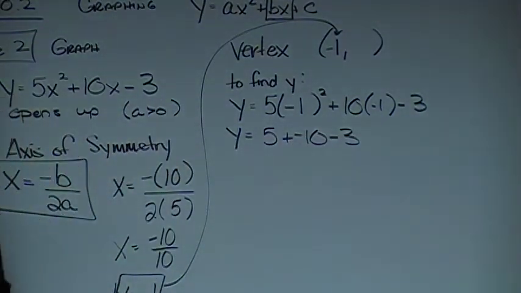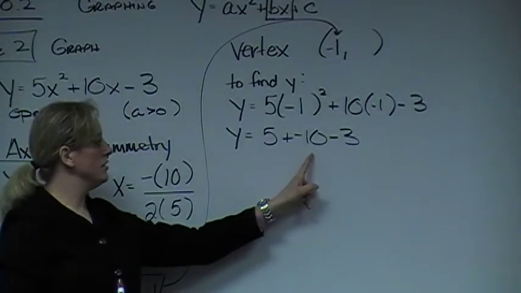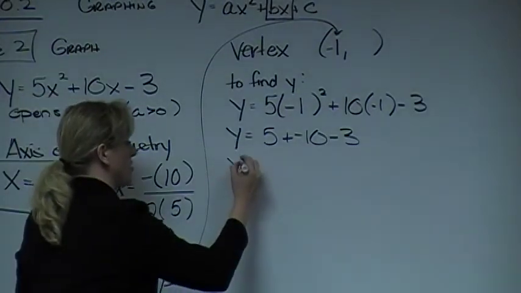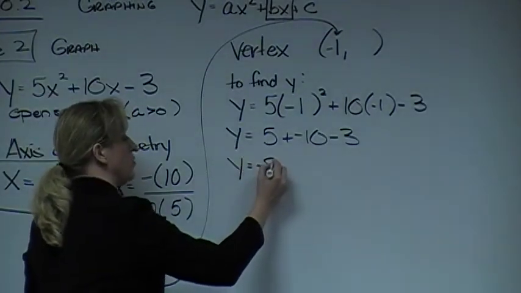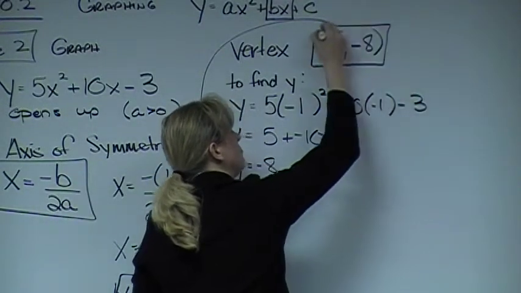Order of operations tells me to make sure that I do from left to right, whenever it's addition and subtraction. They're kind of that same level of PEMDAS. So 5 plus a negative 10 is? Negative 5 minus 3. Negative 8. Very good. So negative 8 is my y. So where does that go? It goes up here. And now I have my vertex.